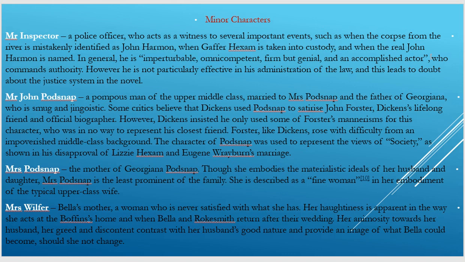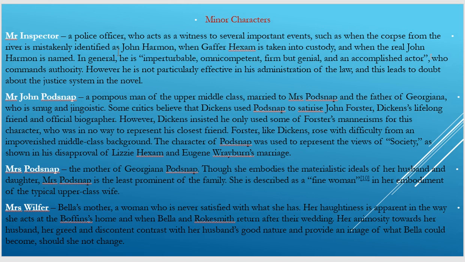We have here in the second part minor characters. We have Mr. Inspector, a police officer. He didn't deal too much with issues except dealing with corpses. So people who are dead, he looks after the corpse, and in his part the corpse from the river is mistakenly identified as John Harmon.